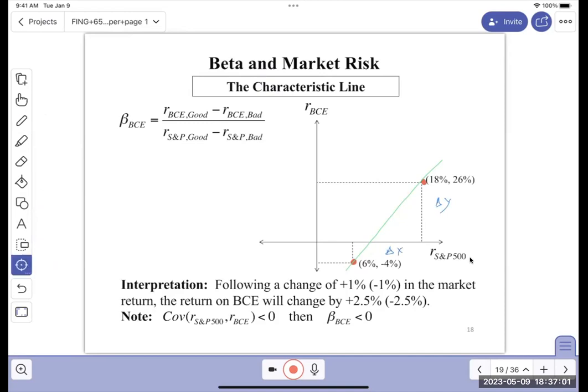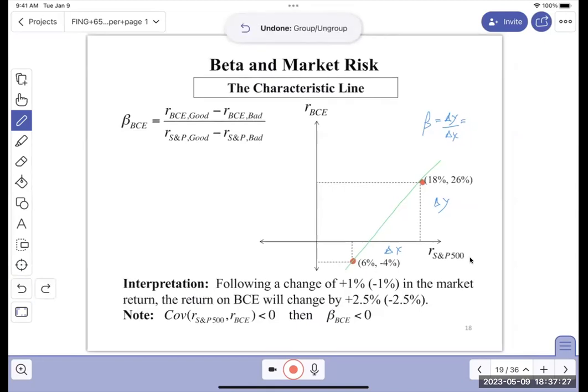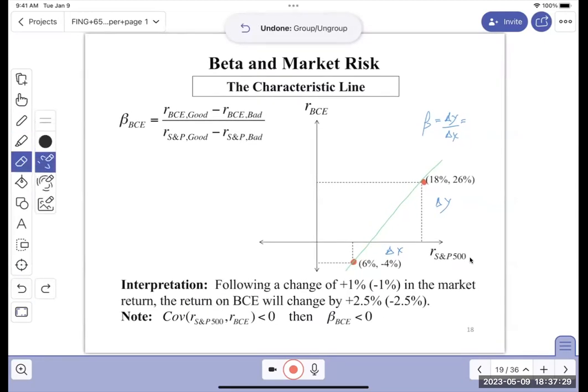So we calculate slope for 2 values like this. The change in Y, if I was going from the bottom up, is from 26%. I'm going to put it down here.